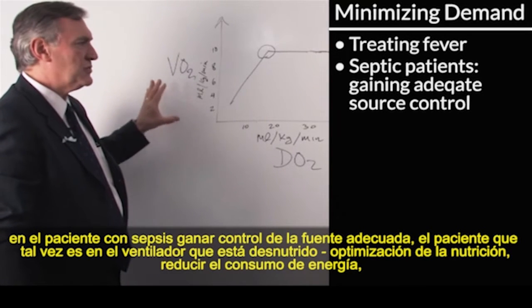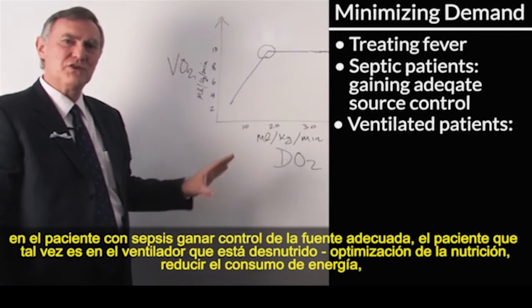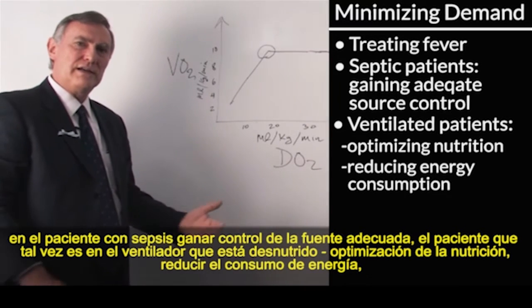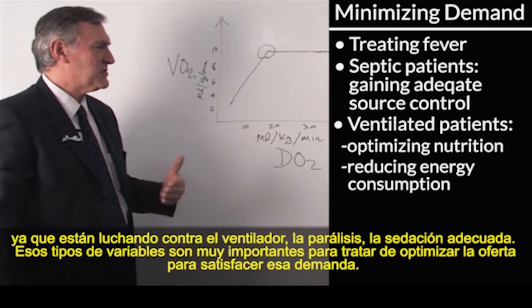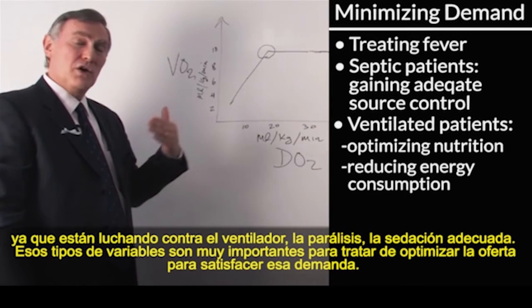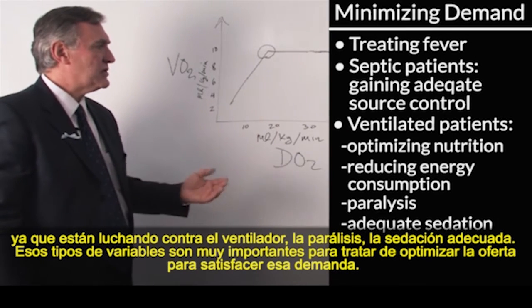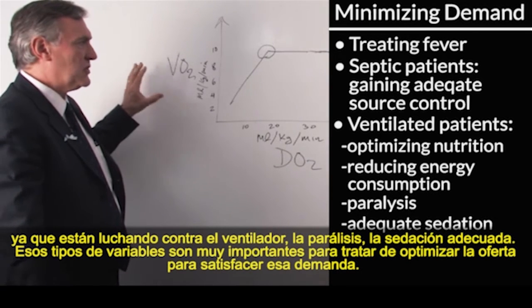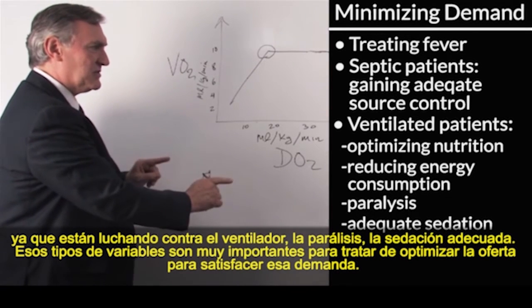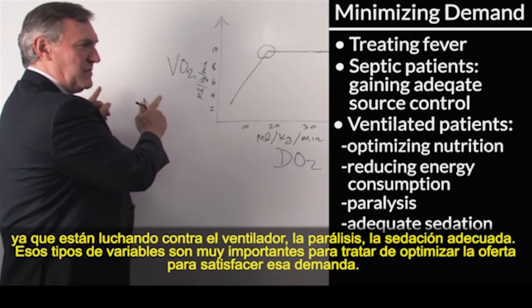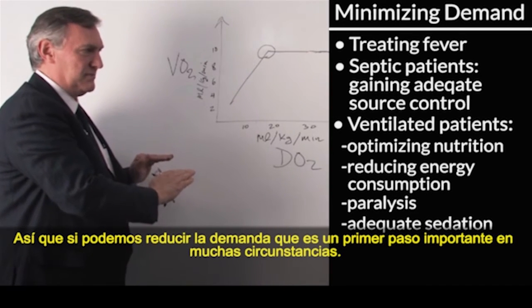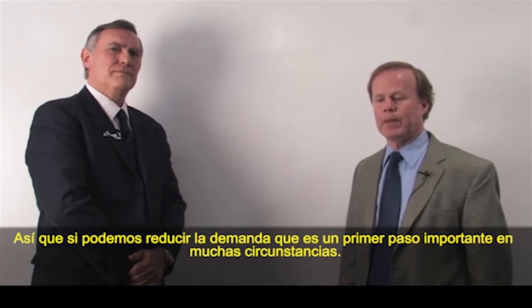The patient who perhaps is on the ventilator, who is malnourished, optimizing nutrition, reducing energy consumption because they're struggling against the ventilator, paralysis, adequate sedation. Those types of variables are very important to try and optimize the supply to meet that demand. So if we can minimize the demand, that's an important first step in many circumstances.